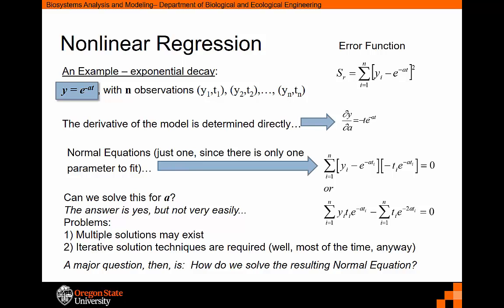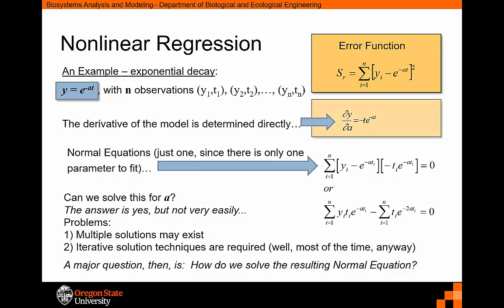To conduct a nonlinear regression, we follow the same basic approach we took with linear regression. First, we determine the error function SR. Second, we differentiate this error function with respect to each model parameter, in this case, the single parameter a. We set the normal equation to 0 to find the minimum of the error surface, just as we did in linear regression.